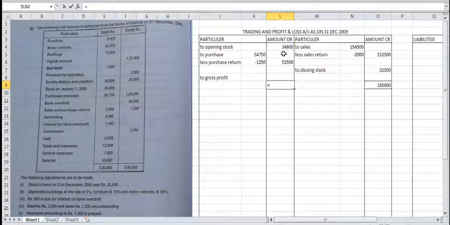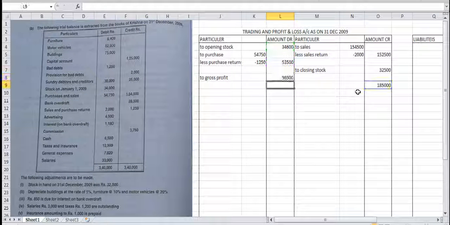Now minus this debit amount. Minus this amount, 1,85,000 minus 34,600 minus 53,500. From 1,85,000 we have to deduct these two amounts.